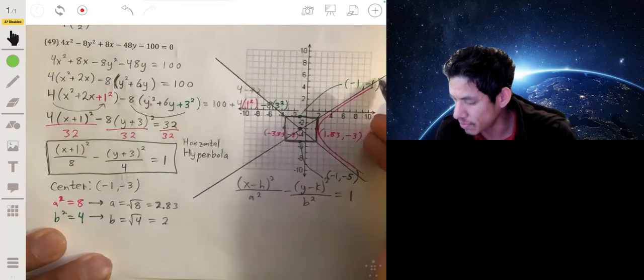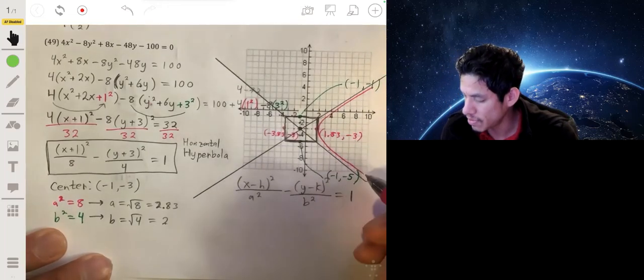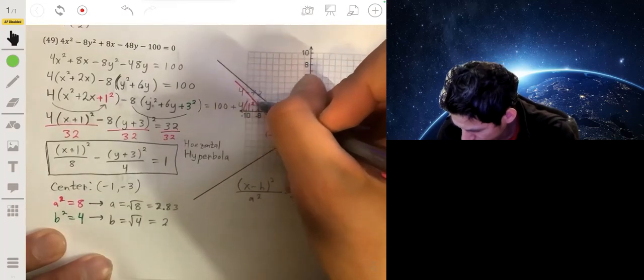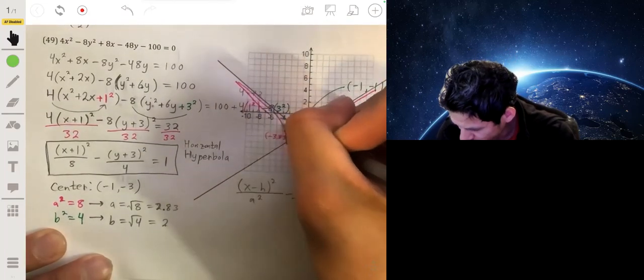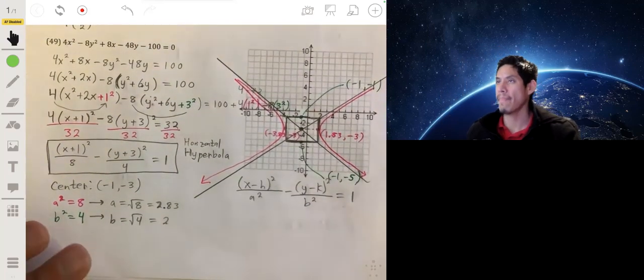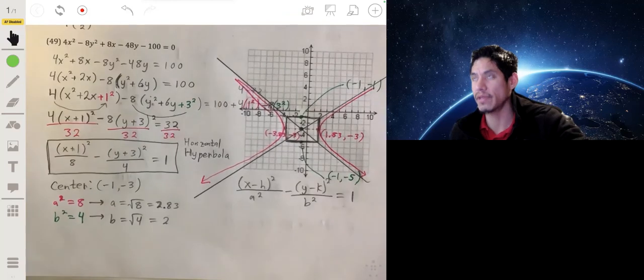You're going to asymptotically approach these lines, so looking to the right like that, and it's not opening to the left like that. Something like that. There's your hyperbola.